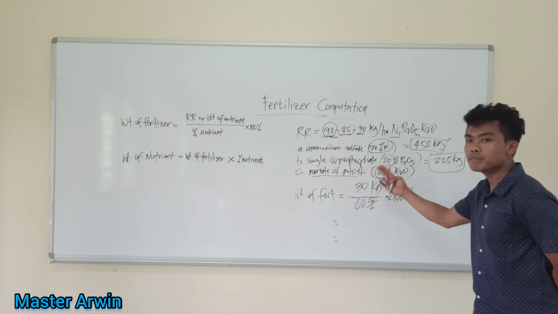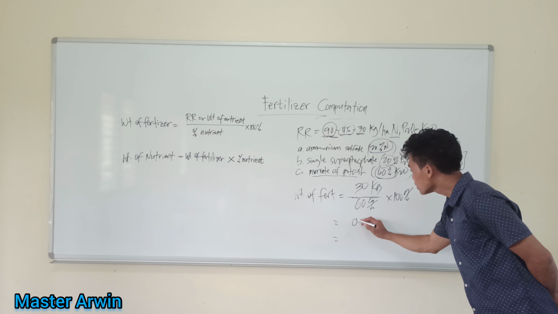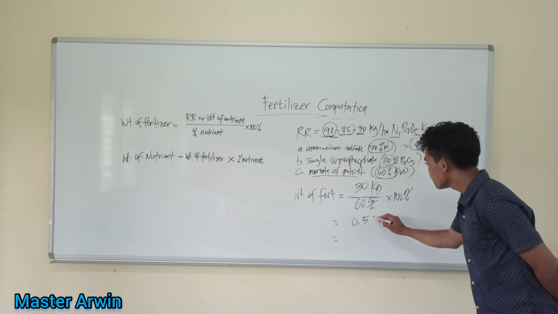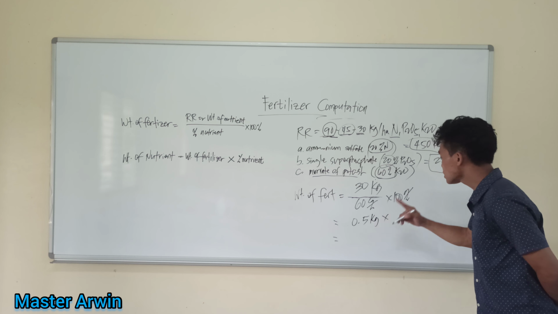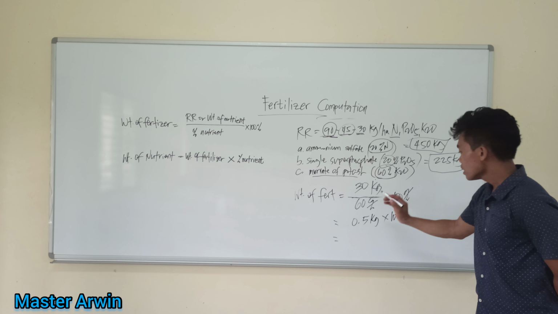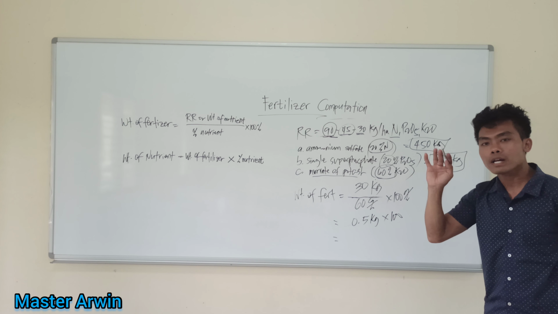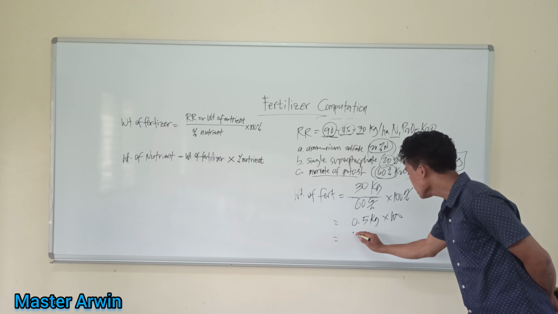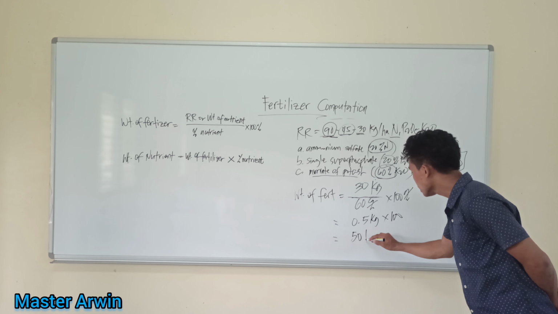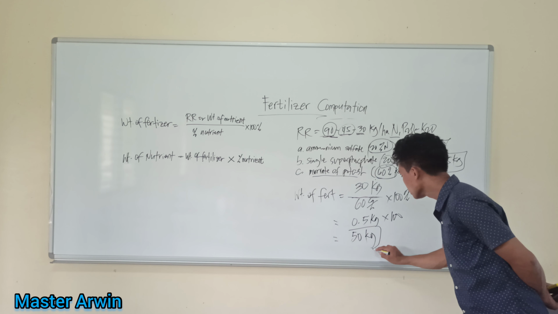So 30 divided by 60, that would be 0.5 kilograms times 100. So 0.5 kilogram times 100, that would be 50 kilograms.